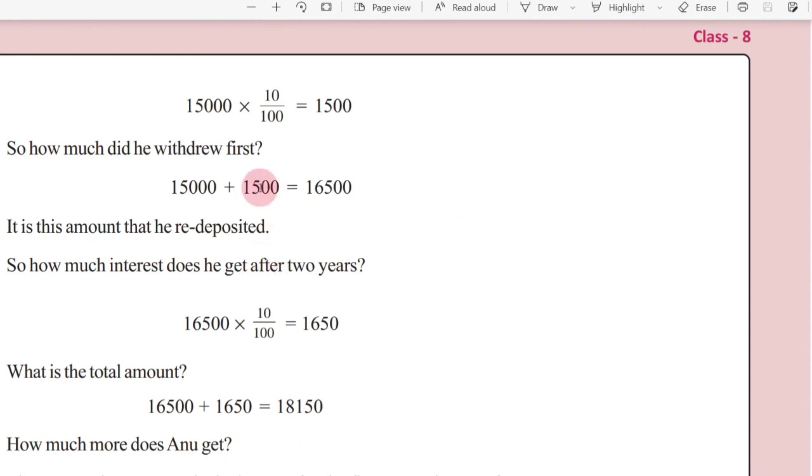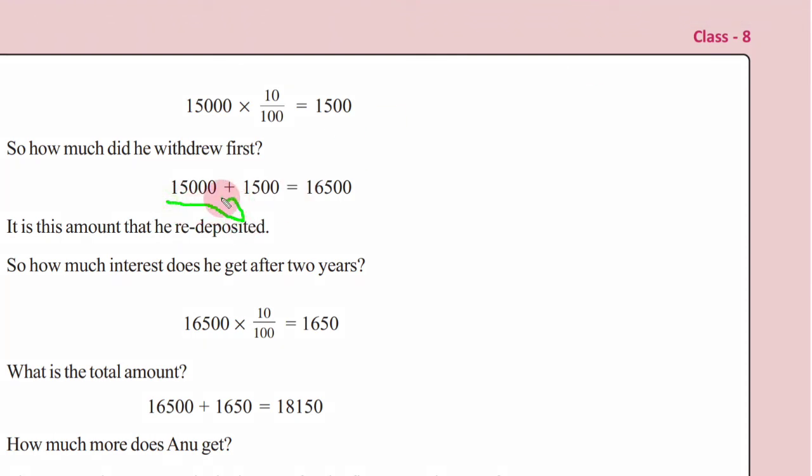So why did Anu get more? Because he withdrew the entire amount in the first year. At that time he got an interest of 1,500 rupees. Then he redeposited the same amount in the very same bank, and the bank calculated interest on interest also. 15,000 is the amount and 1,500 is the interest, so he got interest for this 16,500 rupees in the next year.